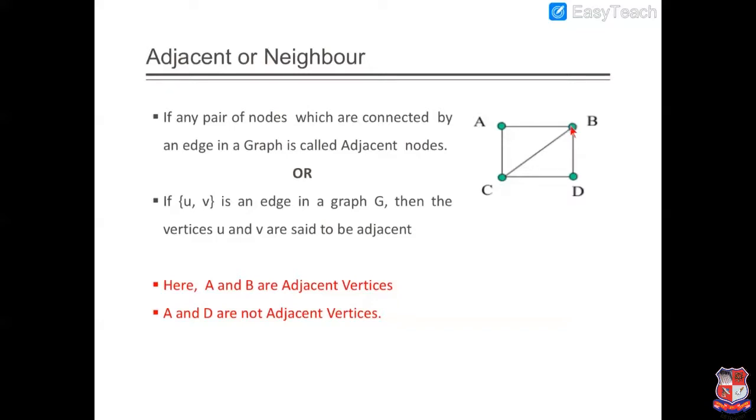Therefore, these vertices A and B are said to be adjacent vertices. But here the vertices A and D are not connected by a direct edge. Therefore, vertices A and D are said to be not adjacent vertices.